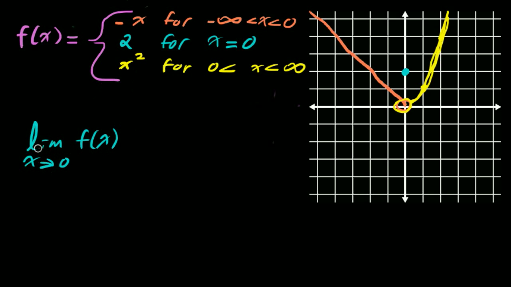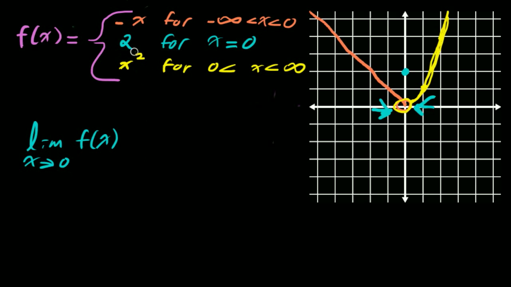If we were just looking at what was a little bit more negative than 0, and also a little bit more positive than 0, and we were getting closer and closer to 0, what value is our function approaching?